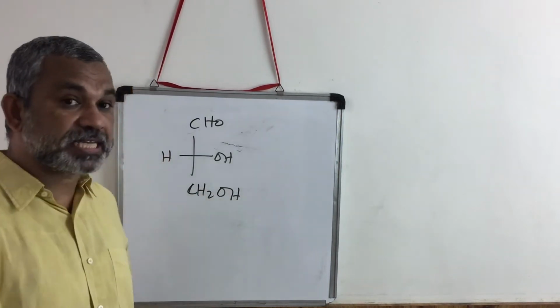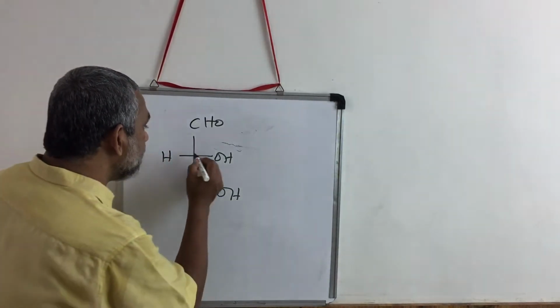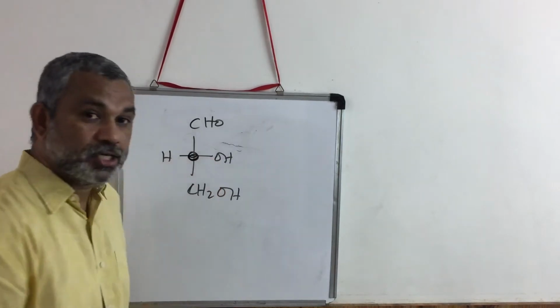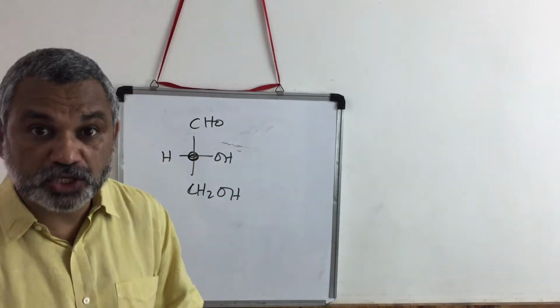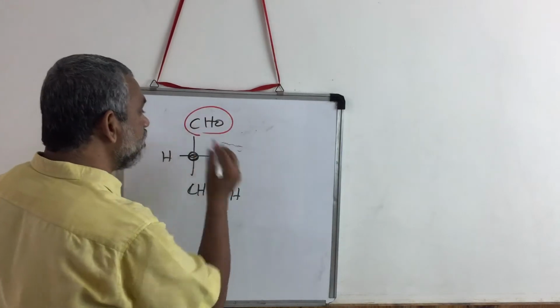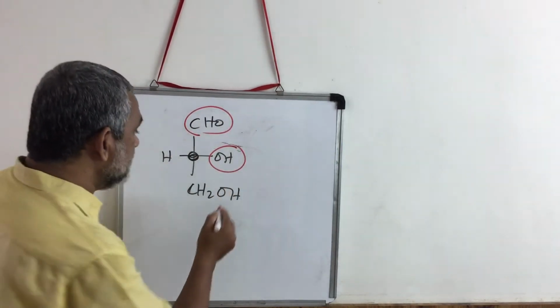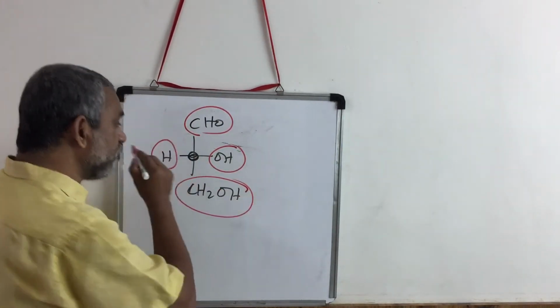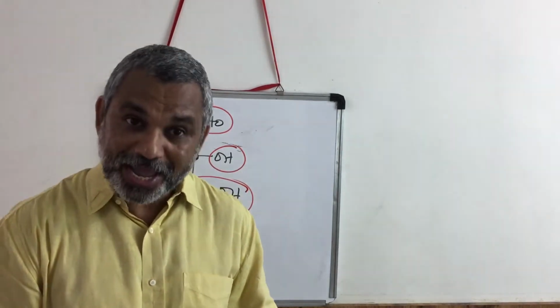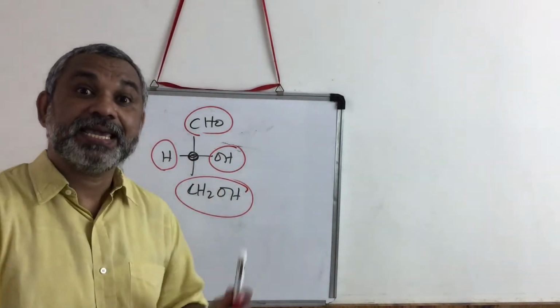This is the structure of glyceraldehyde. If you look at this carbon atom, four different groups are attached to this. So this is one group, another group, a third group, and a fourth group. So therefore this is asymmetrical.